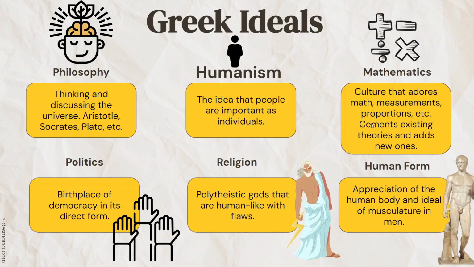Like the Pythagorean theorem. So Pythagoras is the person. He gets his own theorem named after him, even though the math was there before. Now they're cementing it and tying it to an individual. So we see some developments in mathematics and making it important within the Greek culture.